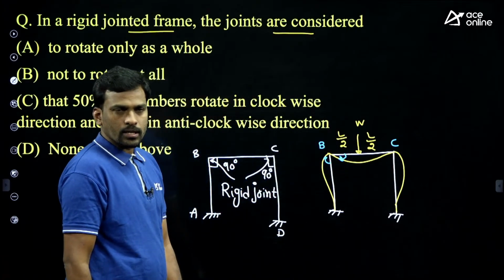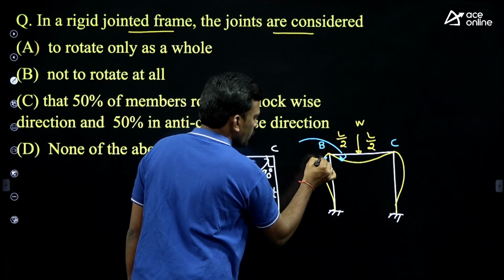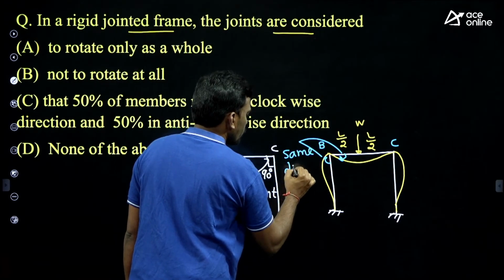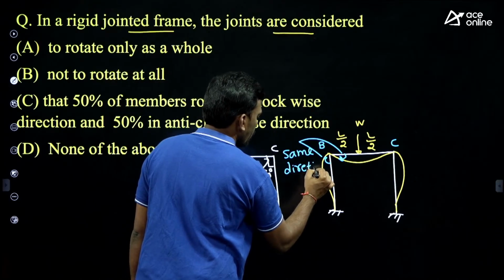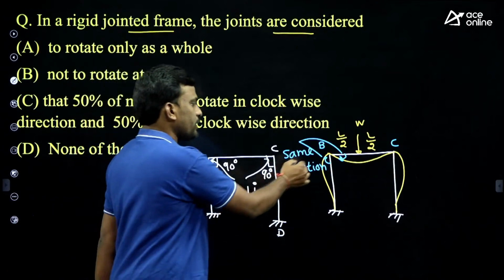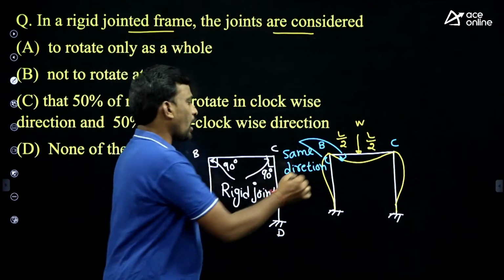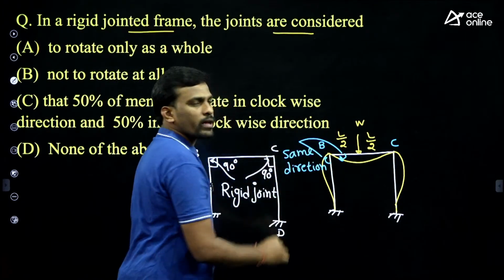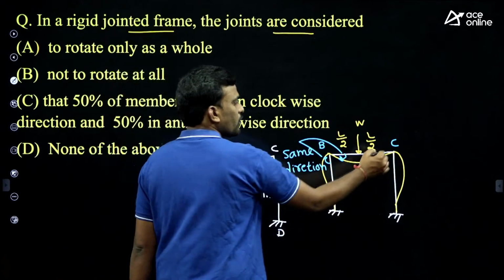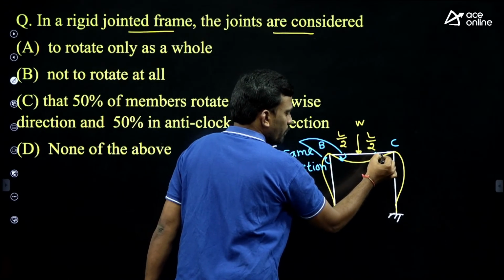Also clockwise. Both are in the same direction. At the rigid joint, rotation of members is in the same direction only. If the beam rotates clockwise at joint B, the column also rotates clockwise at the same joint.